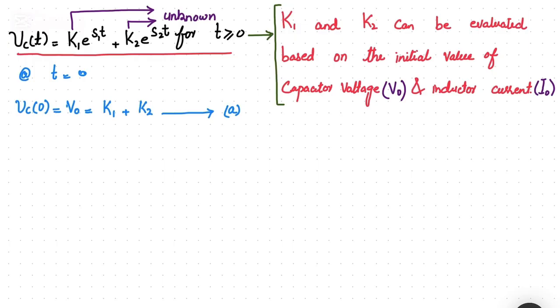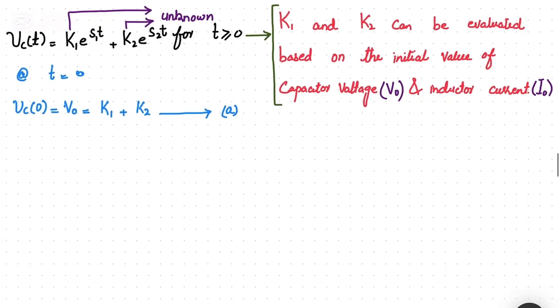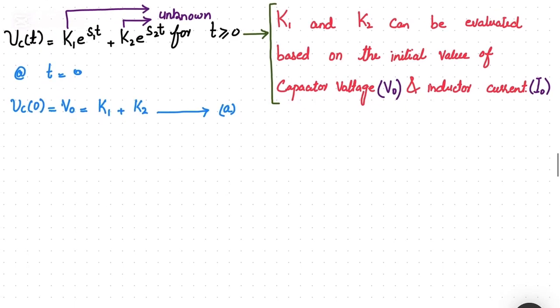Therefore, we need to write this equation in the form of IC of t first, and then we can evaluate that equation at t is equal to 0, and we will calculate another equation. Let's calculate the equation for inductor current. How can we write inductor current?